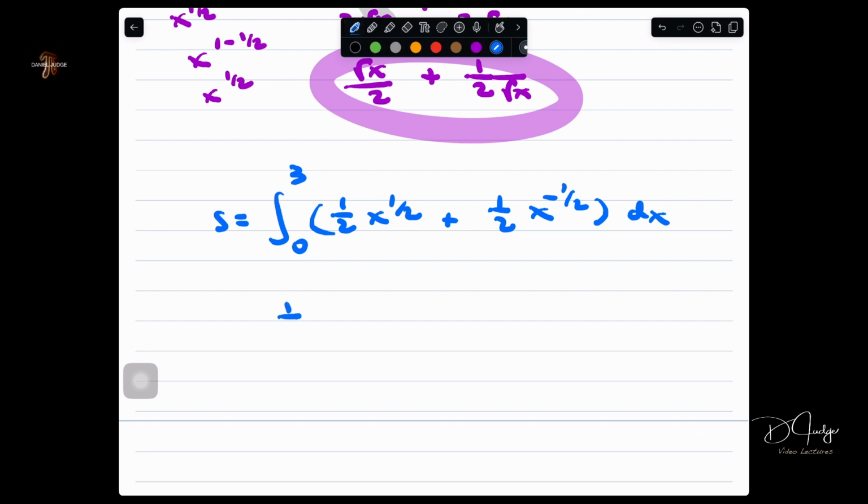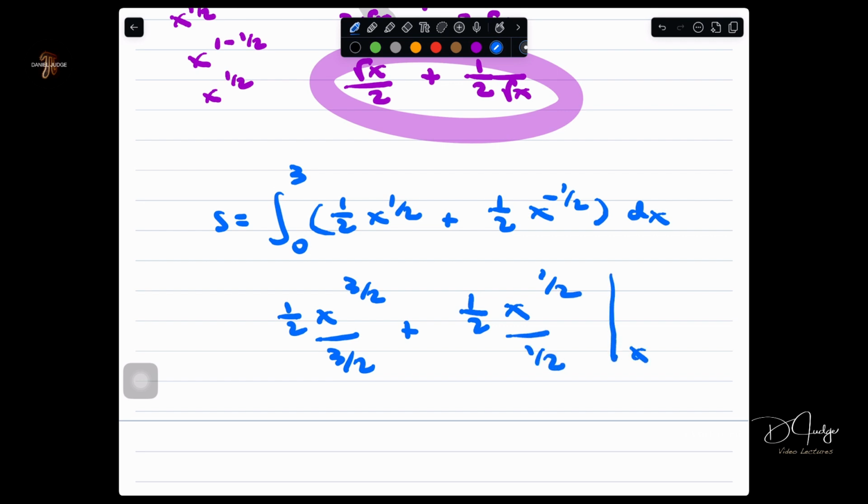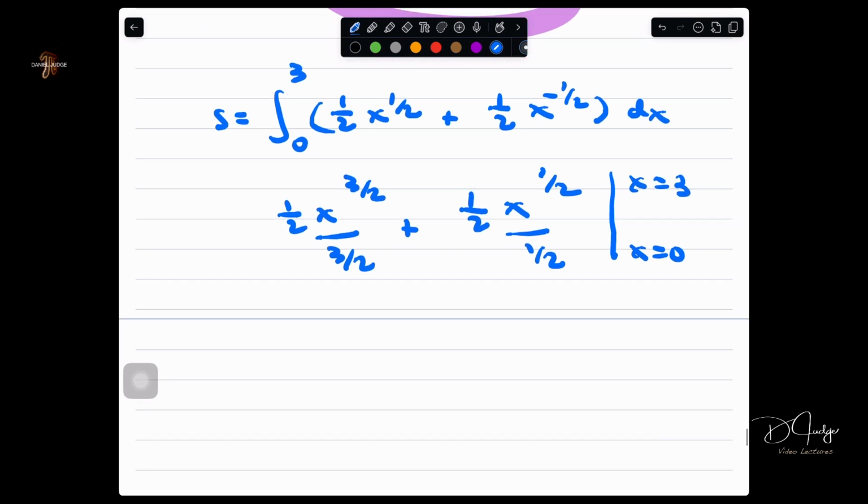We have 1/2 x to the 3/2 over 3/2 plus 1/2 x to the 1/2 over 1/2, and we evaluate that from x is 0 to x is 3. So we have 1/2 times now 2/3 x square root of x.